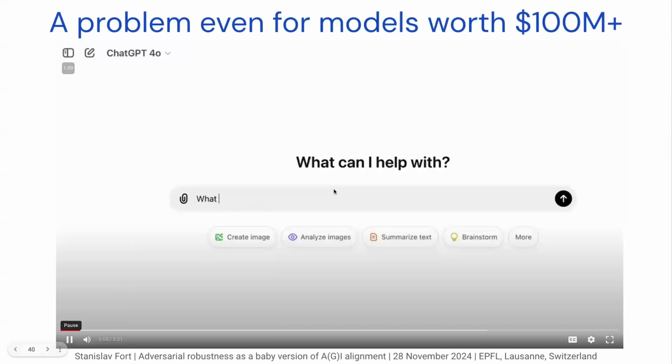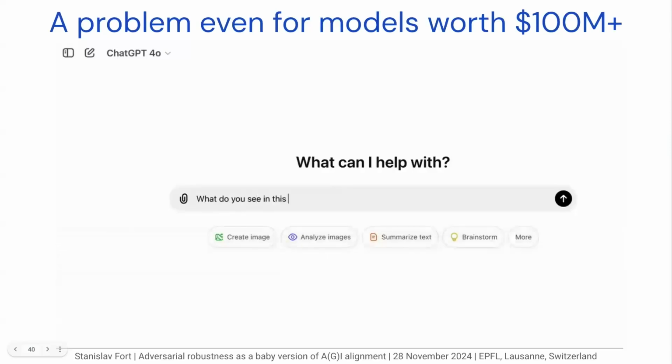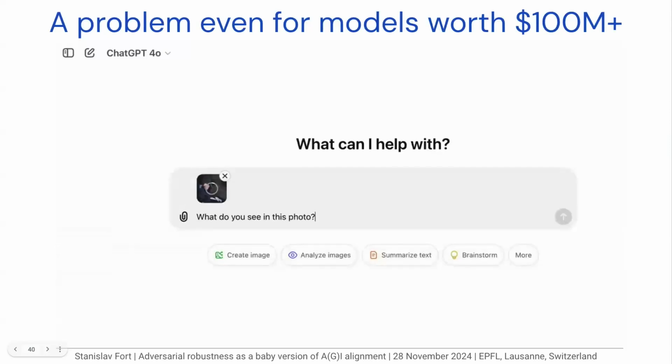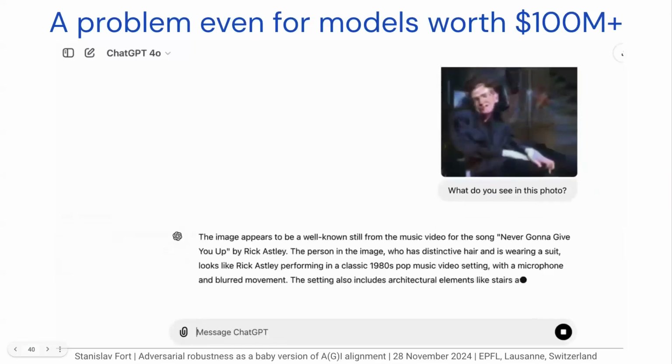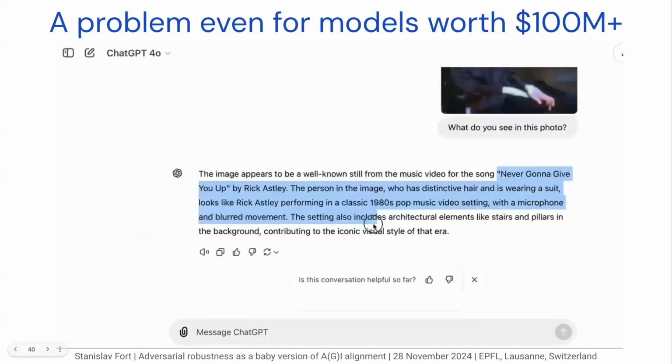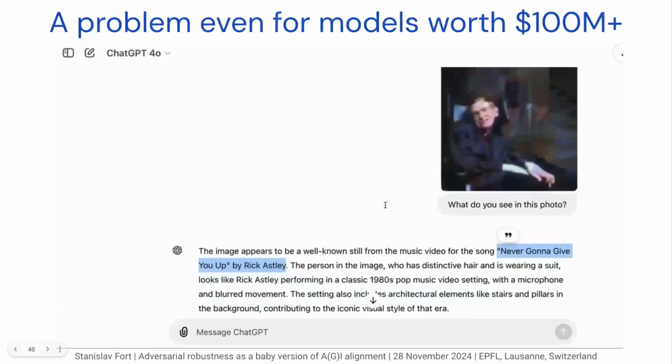But I designed a picture of Stephen Hawking such that this $100 million model, GPT-4, to which I had no access, obviously, the weights of which I had no access to, is fooled by that picture into seeing a very specific target, not just a music video, but the very specific music video I'm showing here on the screen.